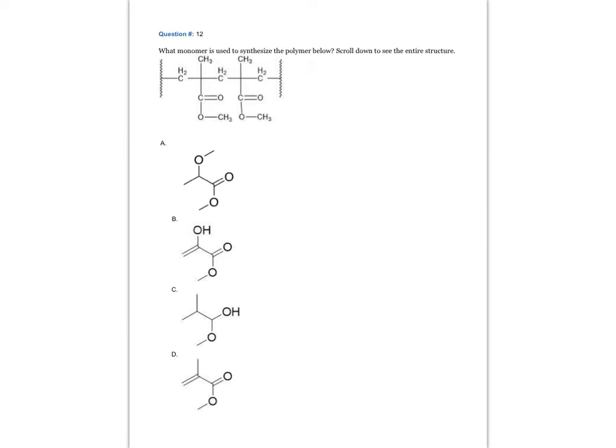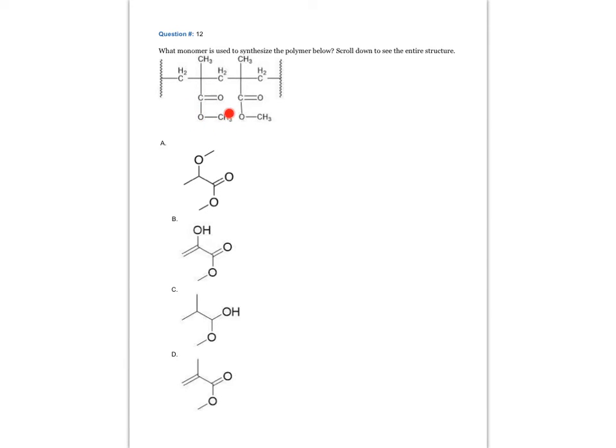Question number 12. What monomer is used to synthesize the polymer below? Scroll down to see the entire structure. So, if you identify the monomer, you look for the repeating unit, and here it is. Okay, CH2, CH3, a carbon's there, carbonyl, OCH3.